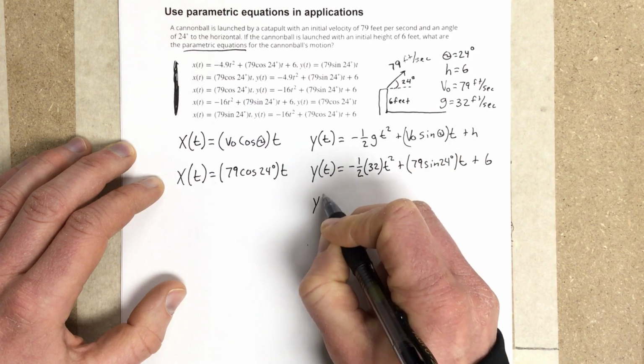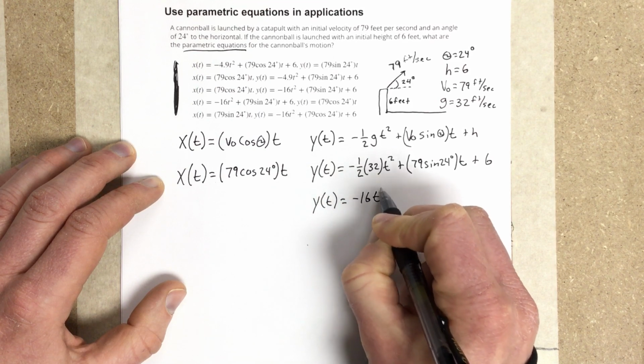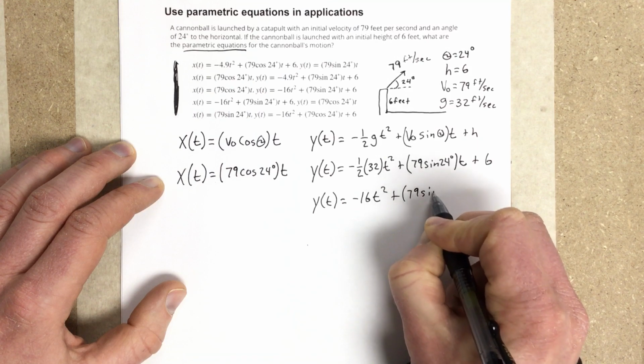So we get y of t is equal to negative 16 t squared plus 79 sine 24 degrees t plus 6.